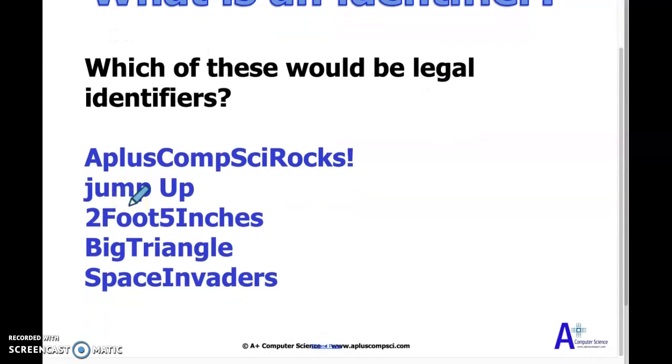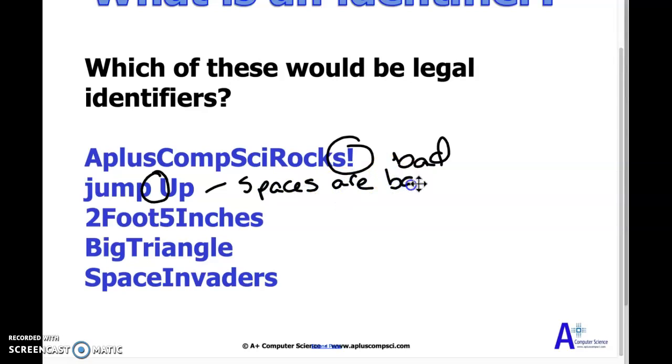So which one of these identifiers would be illegal? The exclamation point is not allowed, so this one is bad. This one has a space. Spaces are bad. None of these would work, and this is what we're talking about: syntax.